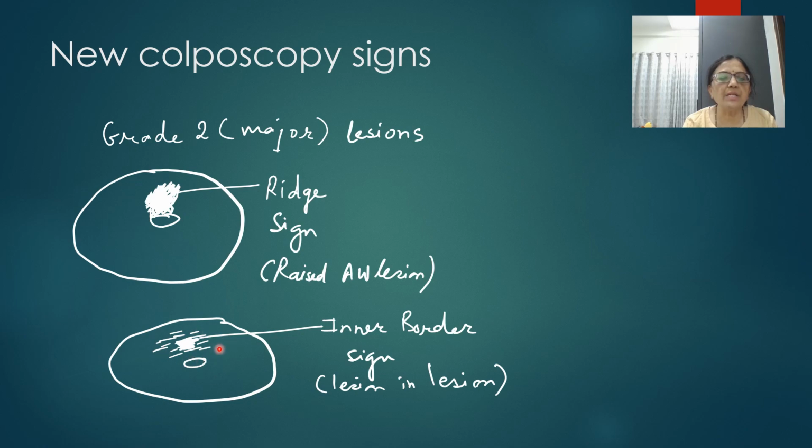There is a large acetowhite area, but within it there is a small area of dense acetowhite, which suggests the presence of severe CIN. Then it is called an inner border sign. Remember, a lesion inside a lesion is an inner border sign. These are the two new colposcopic signs, both suggestive of a severe degree of CIN. So these are considered features of a grade 2 or major lesion.